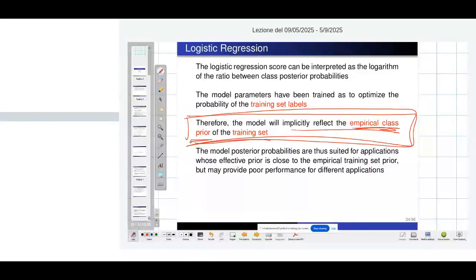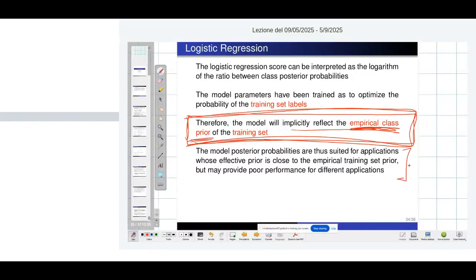As long as the model behaves well, we will see what it means in a moment, imagine that the model worked well and we learned a good model, then the prior that we learned inside will correspond to the empirical prior of the training set.